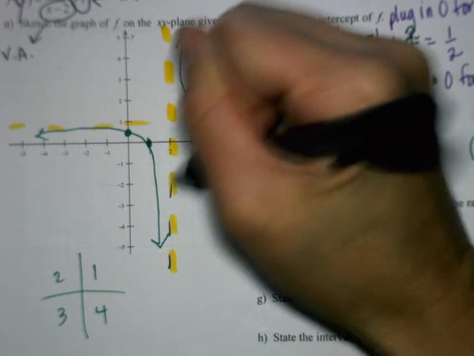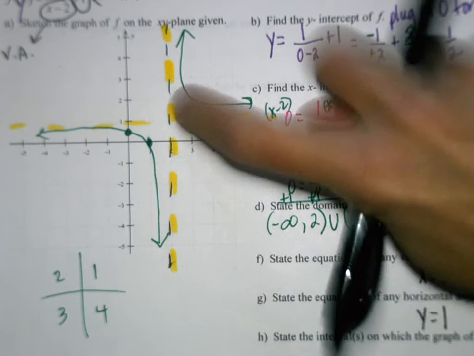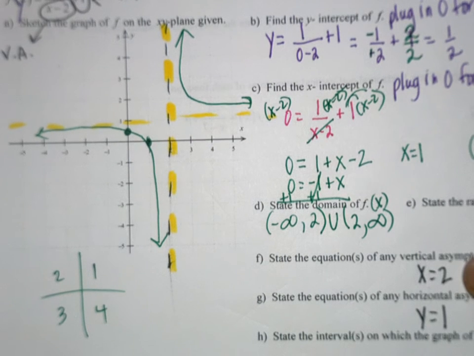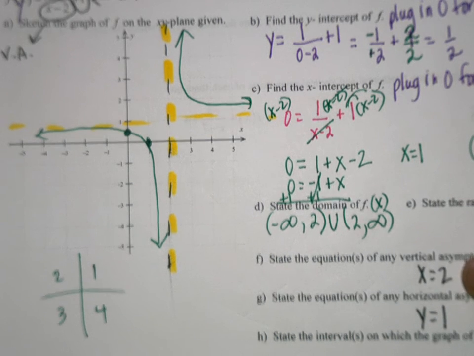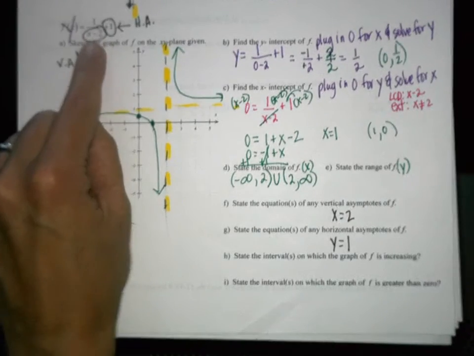This value is 2. That 2 came from my vertical asymptote. Do you remember where I got the value of 2 originally? Yeah, at the very beginning, x minus 2, from the denominator of the fraction.